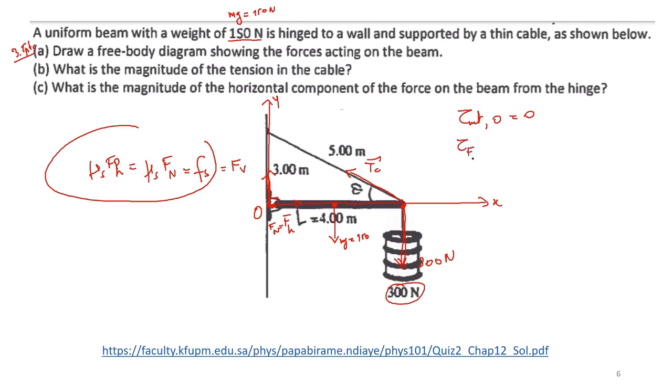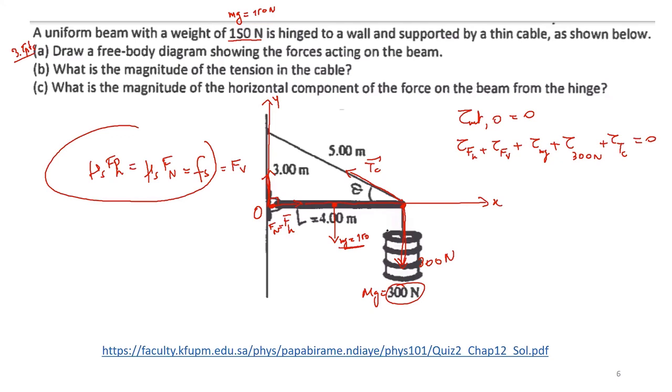It will be torque of FH plus torque of FV plus torque of mg being 150, plus torque of the 300 Newton, basically capital Mg, if I could call this capital Mg, plus torque of Tc. This should be 0.